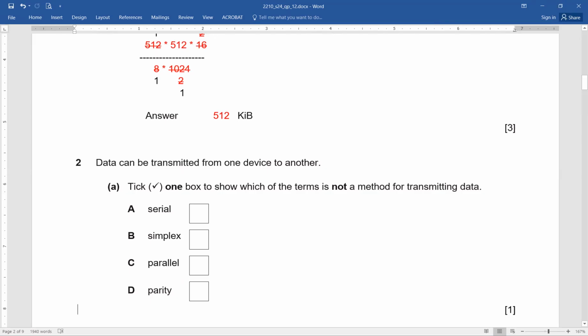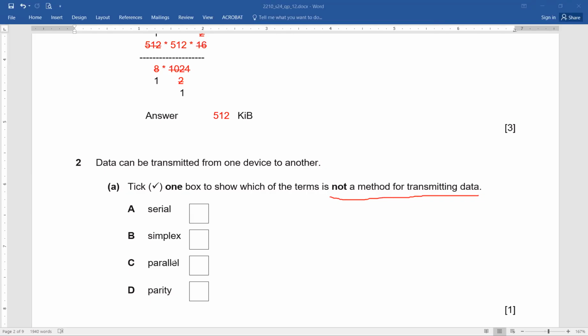Question number 2. Data can be transmitted from one device to another. Tick one box to show which of the terms is not a method for transmitting data. Now be very clear. Is serial a method of transmitting data? Is simplex a method of transmitting data?